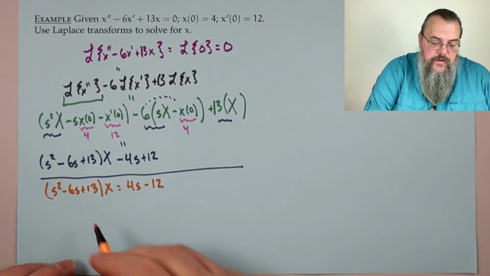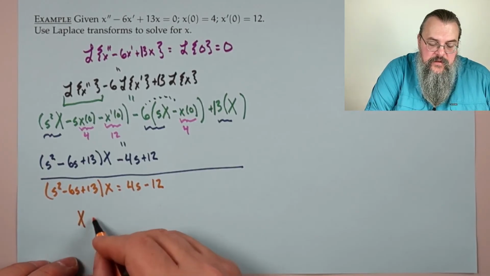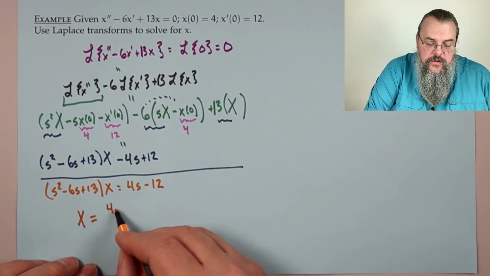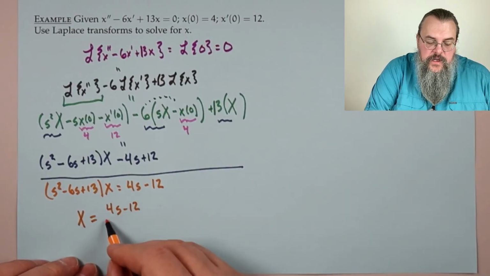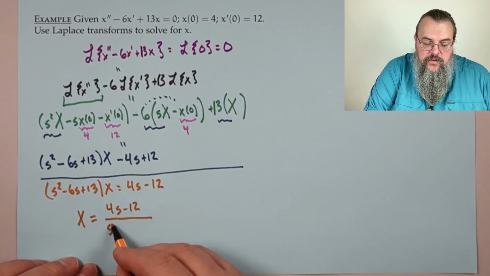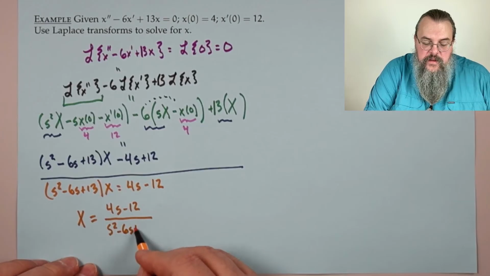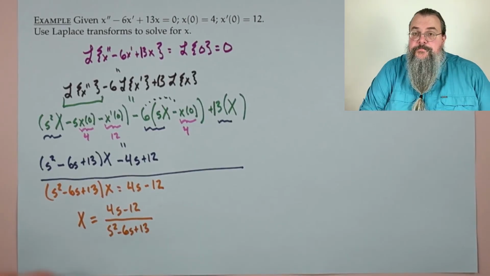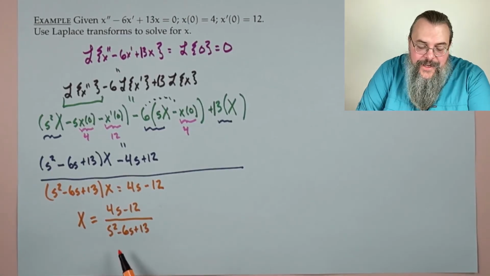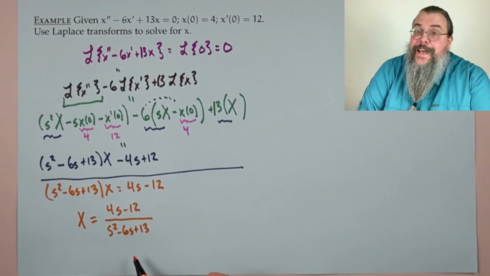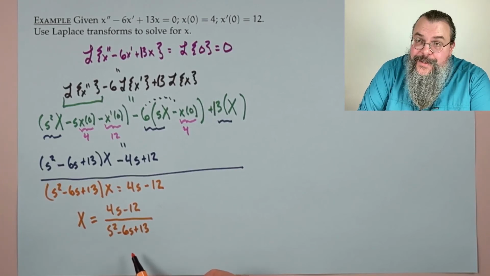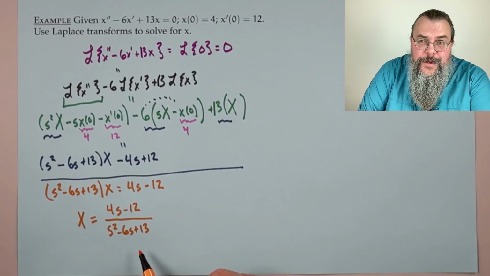Now we say, well, that says x is 4s minus 12 divided by s squared minus 6s plus 13. All right. Now downstairs, what can we do? It doesn't factor nicely. 13 is a hard number to work with.